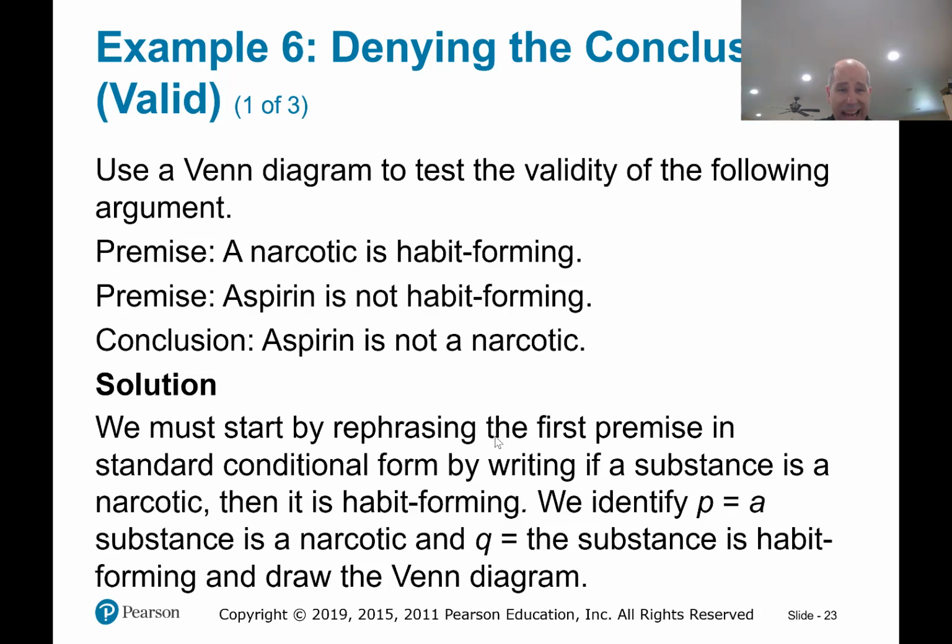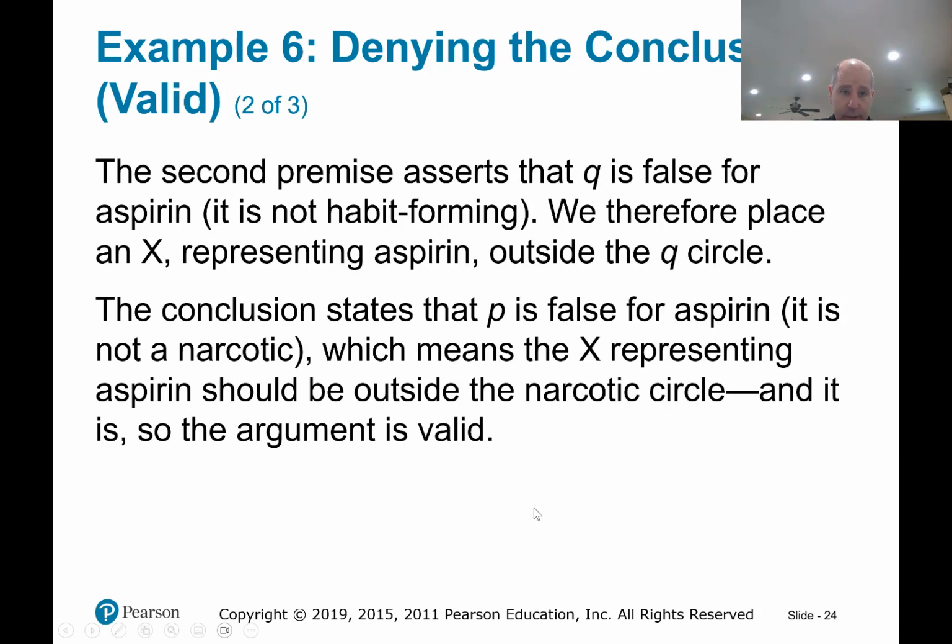So we can say if a substance is a narcotic, then it is habit forming. Premise 2 is aspirin is not habit forming, therefore aspirin is not a narcotic. Okay, so once we rephrase it, it's easier to see how we're going to do this.